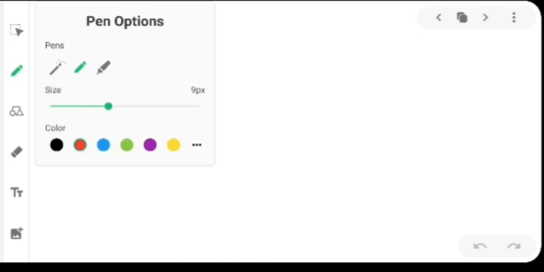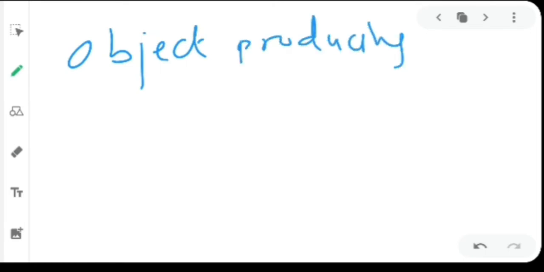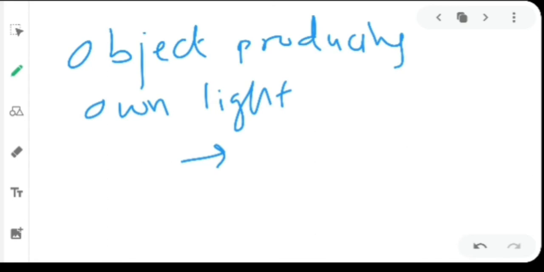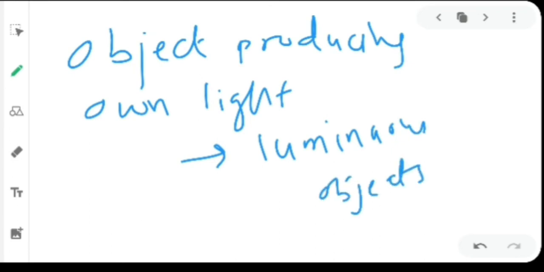Objects producing their own light are specially called luminous objects. What are these objects called? Luminous objects.